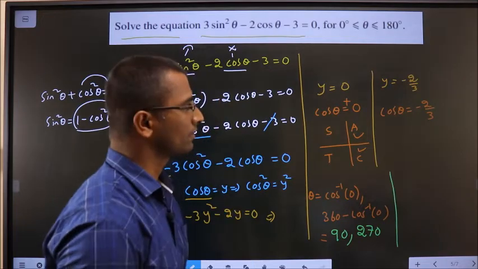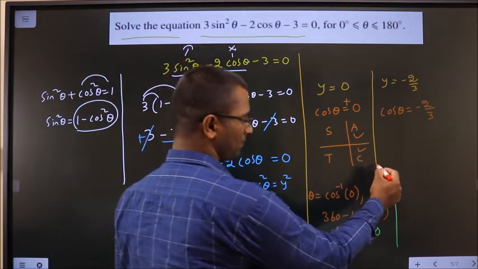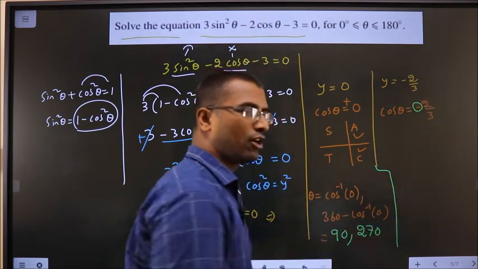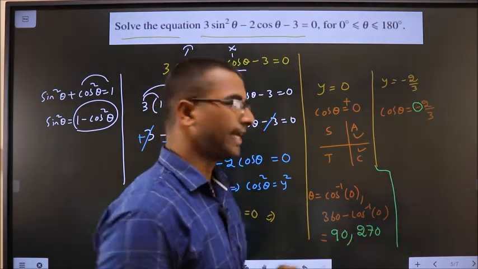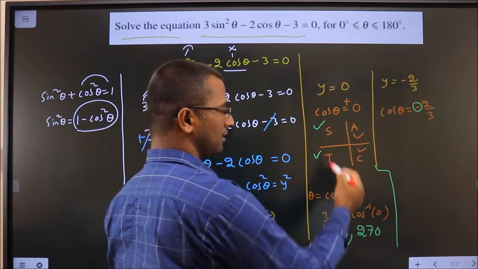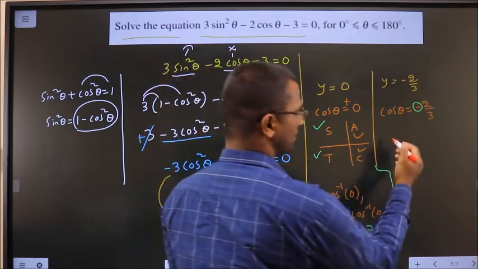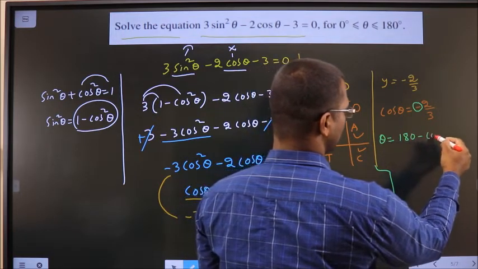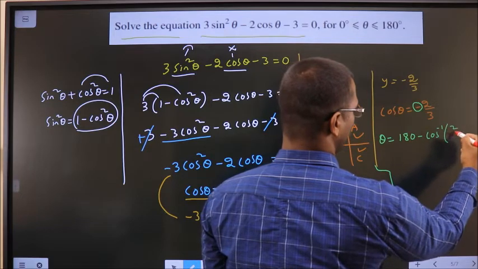Okay. Now for this one, cos theta is negative. In what quadrants is cos negative? It's negative in second and third. To get an angle in the second, we do 180 minus cos inverse 2 by 3.